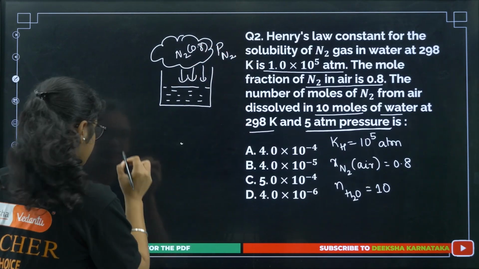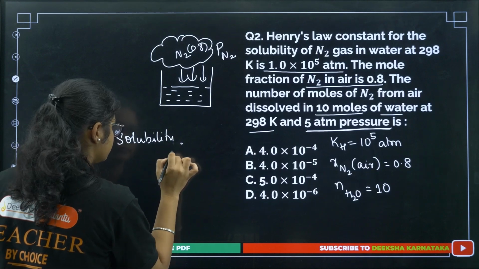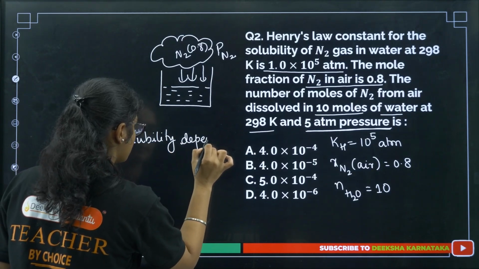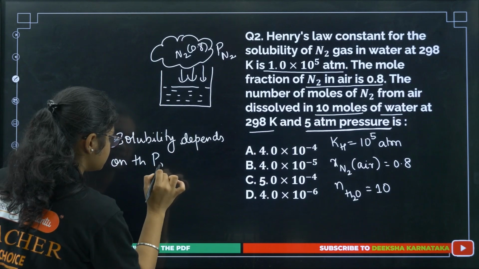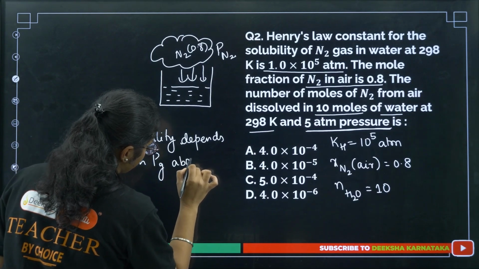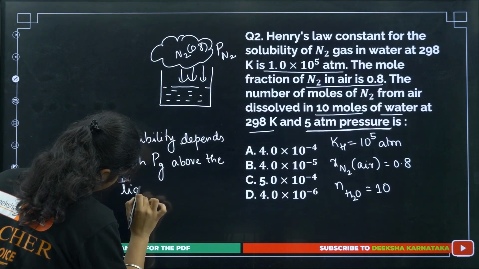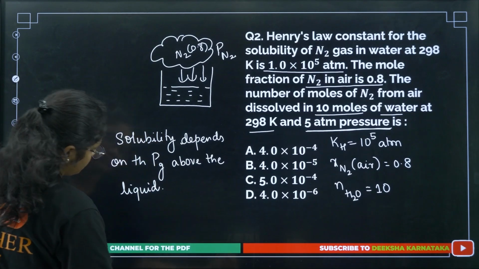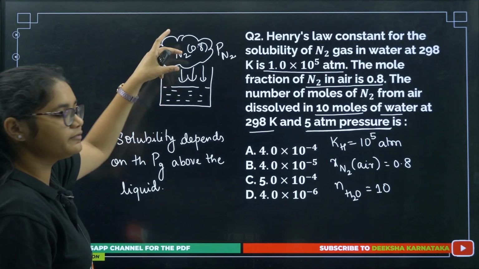So according to Henry's law we can say, solubility depends on the partial pressure of the gas above the liquid.